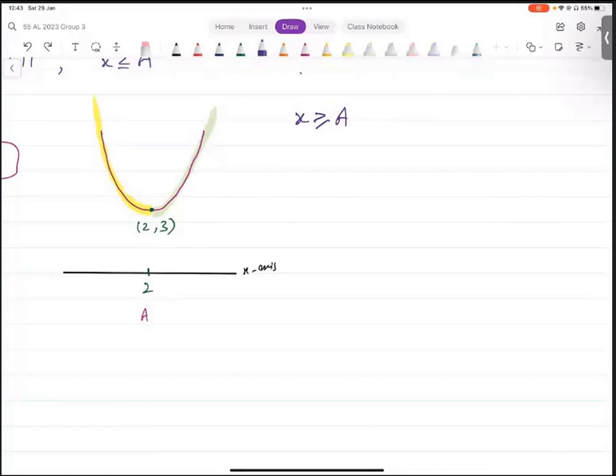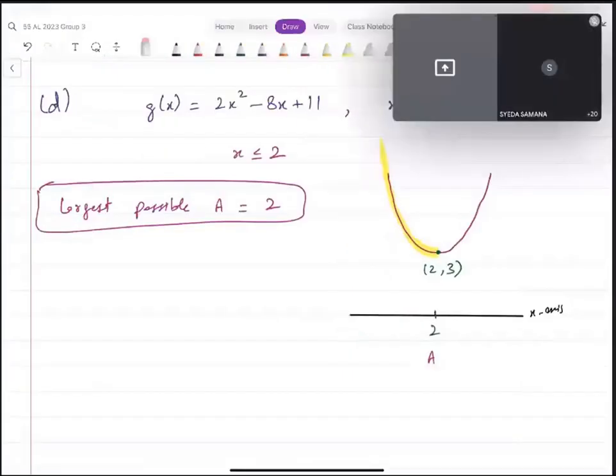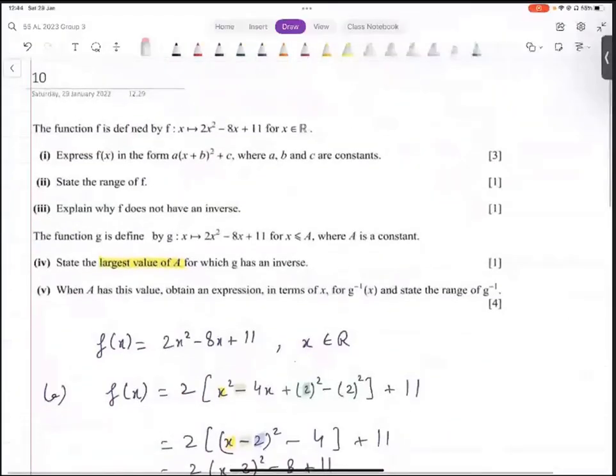So that is where it's coming from. तो आपके पास क्या हो गया यहाँ पे? You say the largest value of A in this problem would be 2. Okay. So that's the largest possible value of A that we have.